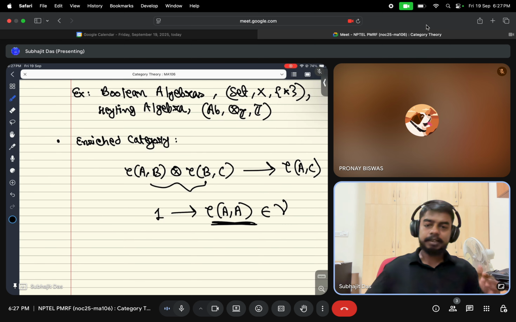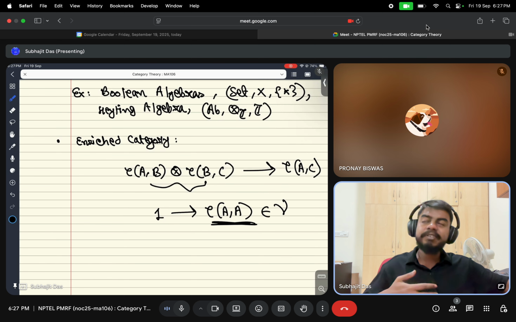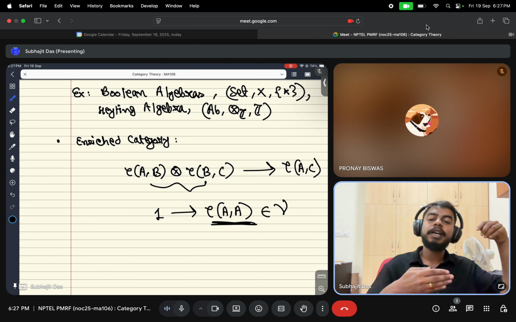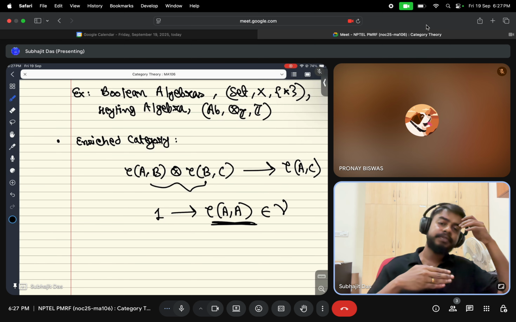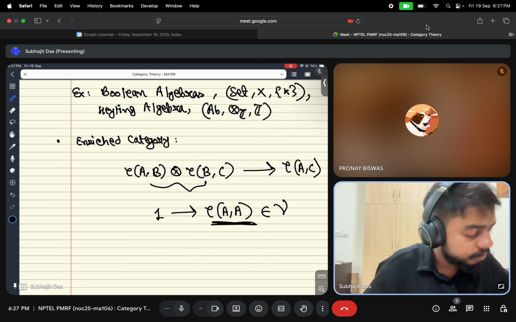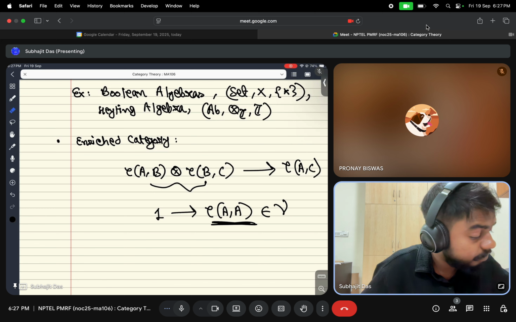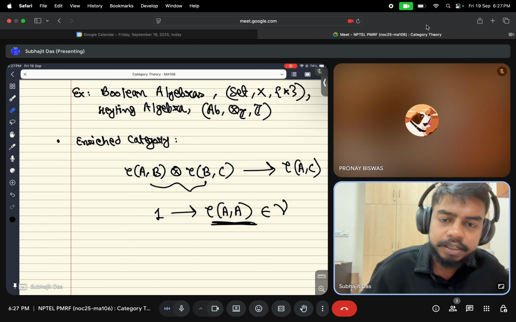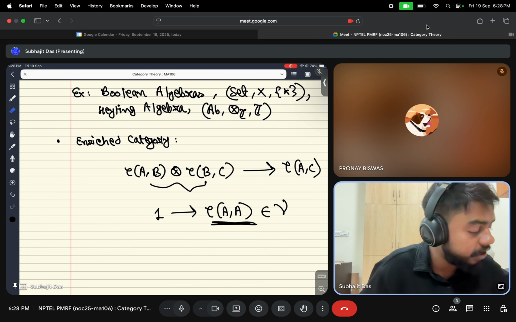So in the same spirit, what you want is a map from the unit object to C(A,A), and we think of this as an identity element for A. Intuitively, it's something like a generalized element of the object C(A,A). There is no notion of element, but we can define a map from 1 to C(A,A) to be a generalized element. The motivation comes from sets. And this data is again subject to associativity and identity axioms, making it into an enriched category.